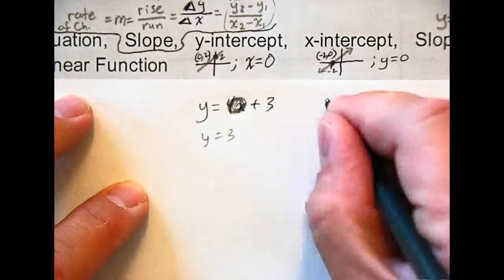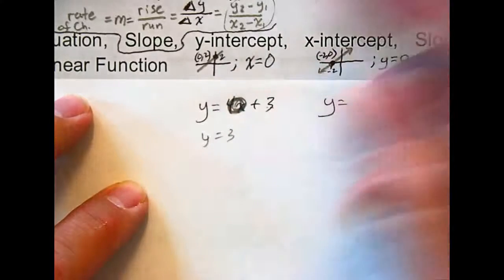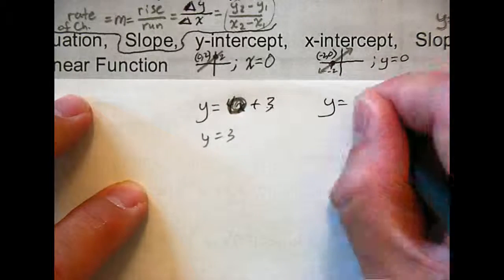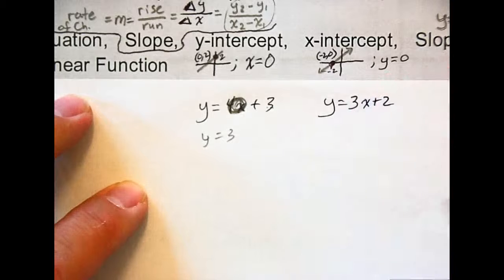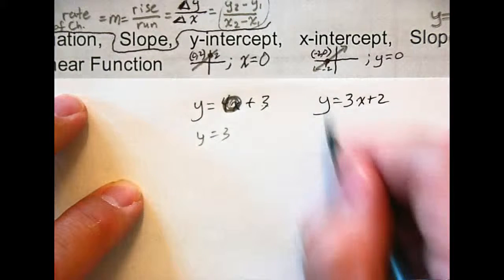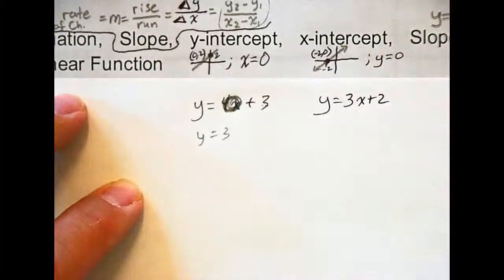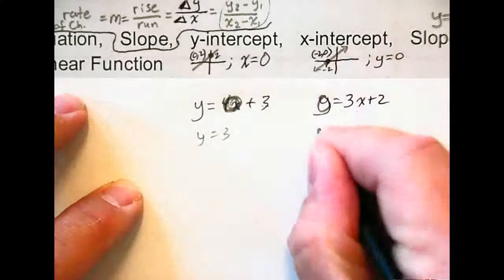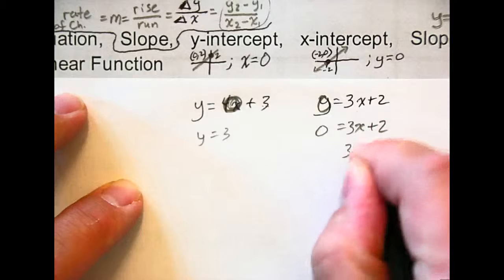Okay, if I had the equation y equals, now this isn't necessarily the equation for this, but y equals 3x plus 2, my x-intercept is when y is 0. So I'm going to put that 0 in here and solve. I get 0 equals 3x plus 2. 3x equals -2.